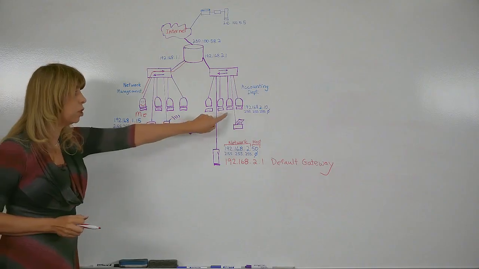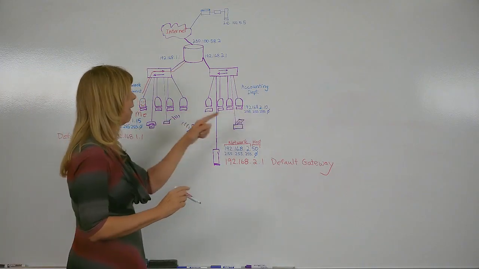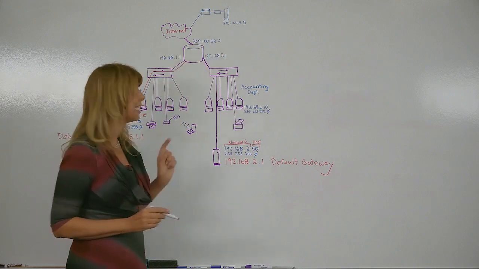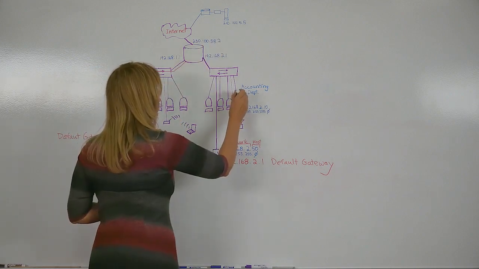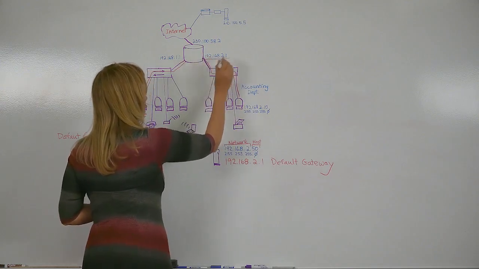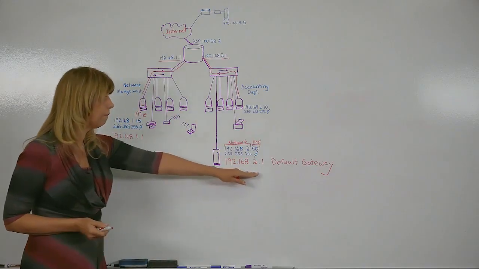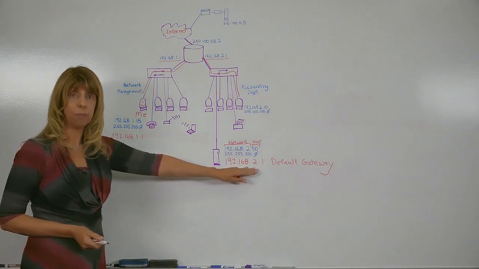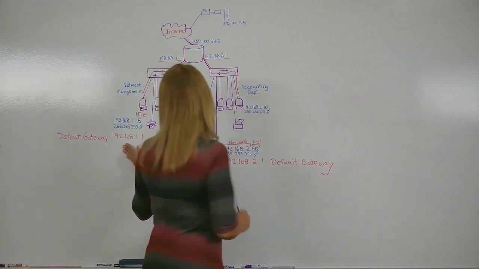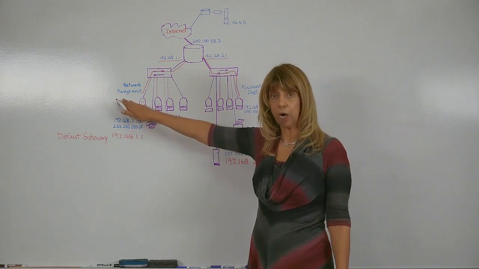Now, if we go to a different host, say for example this one in the accounting department, and they were trying to reach the exact same server, their traffic would travel again through their switch, but they would enter the router at a different router interface. So the default gateway configured on hosts in the accounting department is different than my default gateway configured in my network management department.